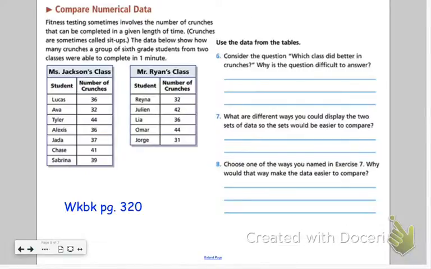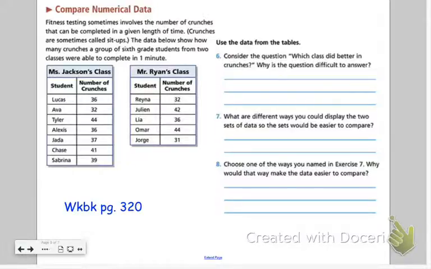Moving on to page 320. Now we're going to talk about comparing numerical data. Fitness testing sometimes involves the number of crunches that can be completed in a given length of time. And as you know, crunches are often called sit-ups. The data below shows how many crunches a group of 6th grade students from 2 classes were able to complete in 1 minute.